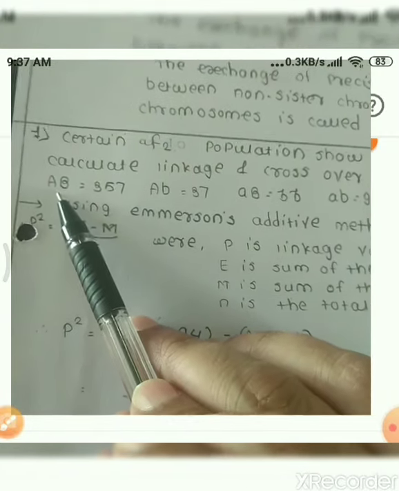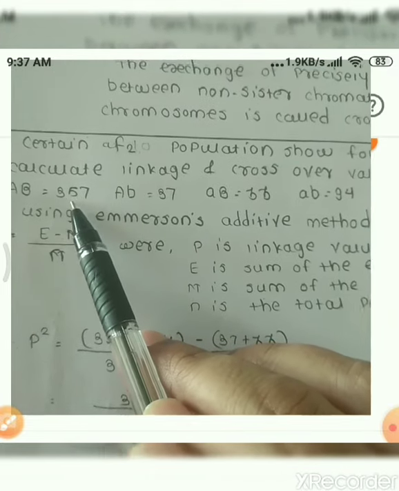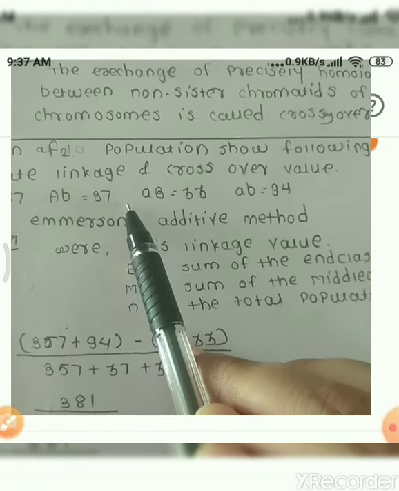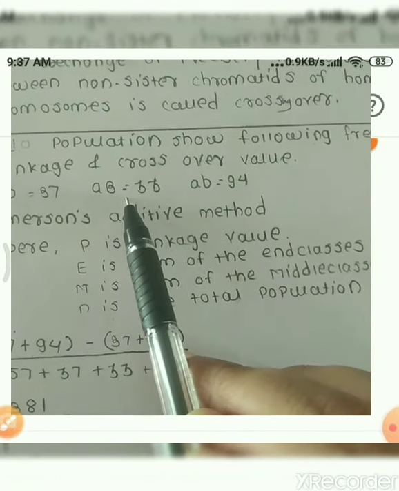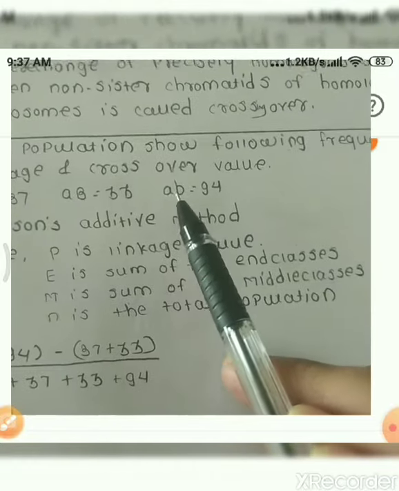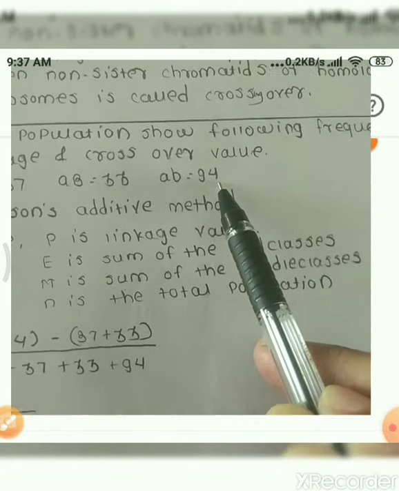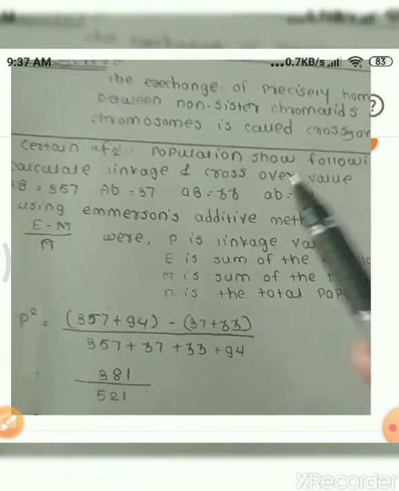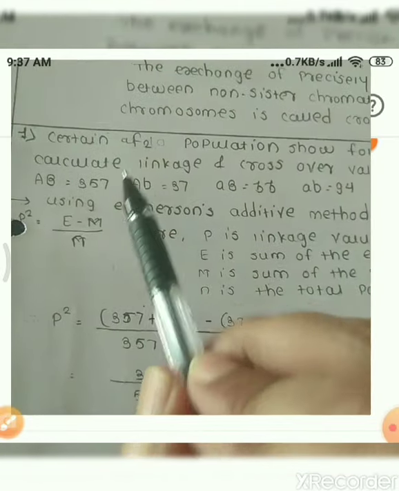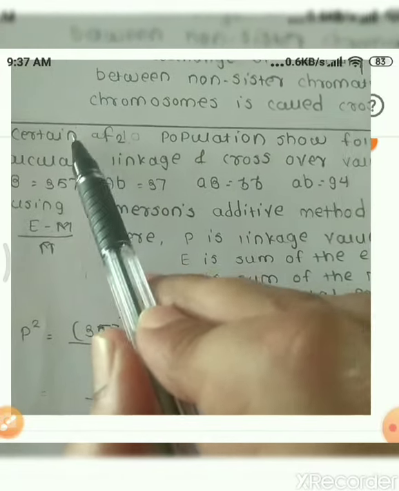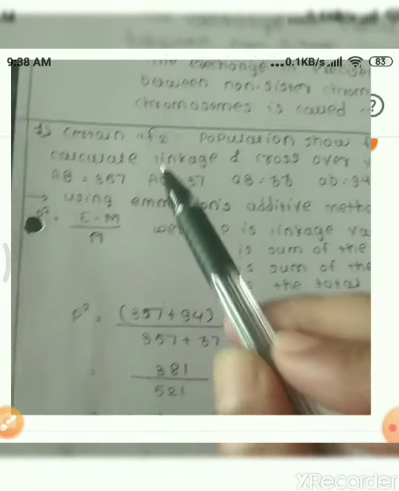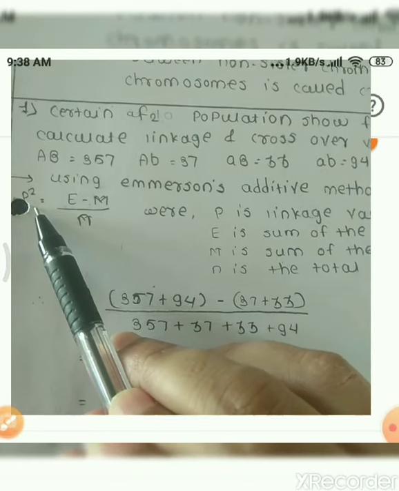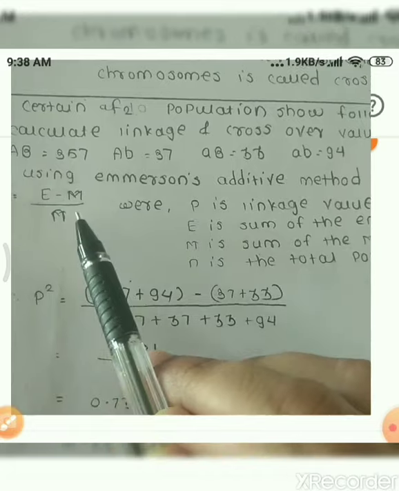Capital A capital B is 357, capital A small b is 37, small a capital B is 33, and small a small b is 94. This much of the values are given in our problem. As we already learned, here it is a use of F2 population, that's why we have to use this formula, p square is equal to E minus m upon n.